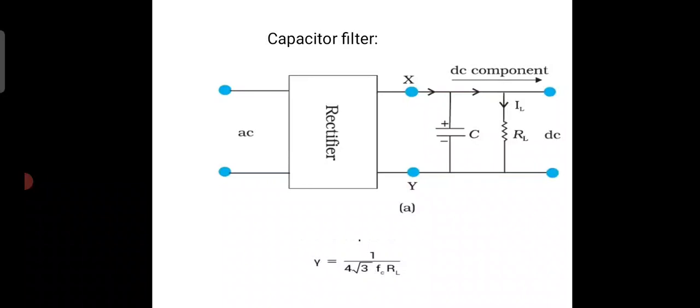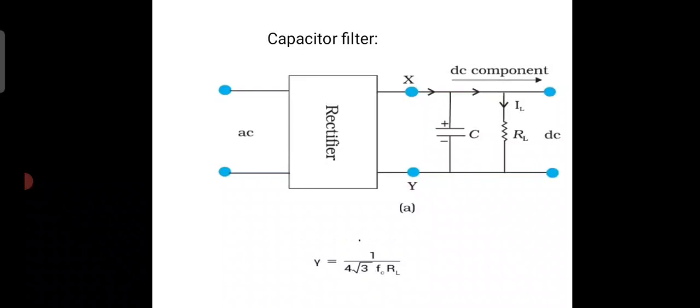Then this capacitor acts as a filter. As I mentioned, between the rectified output and the load resistance of a circuit, there will be a filtering circuit. This capacitor filter is one of the simplest circuits, consisting of only one capacitor.